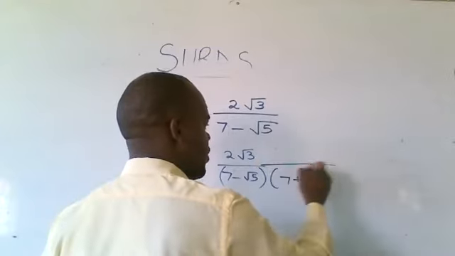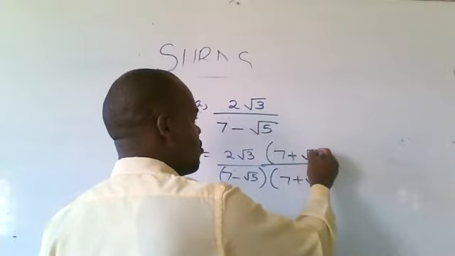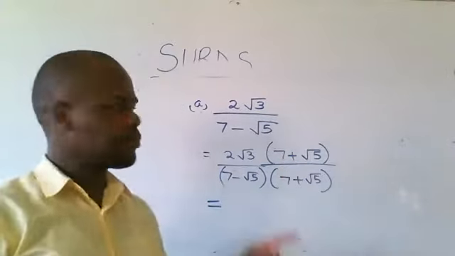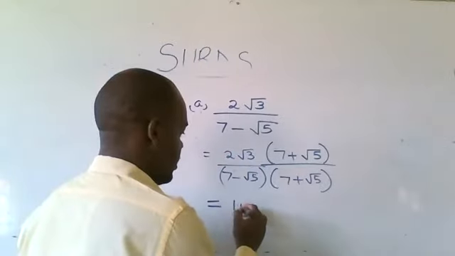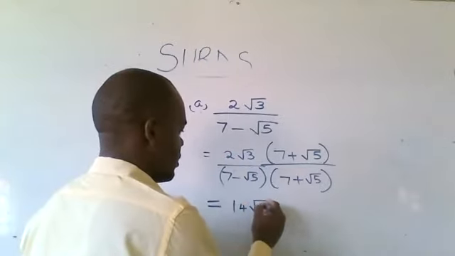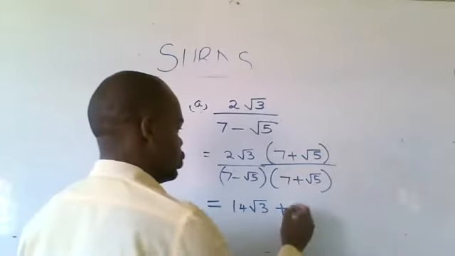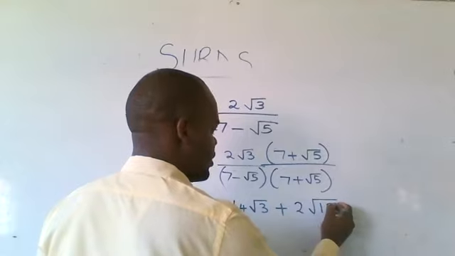Then whatever you do to the denominator, you do to the numerator. This will give me 14 square root of 3 plus 2 square root of 15.